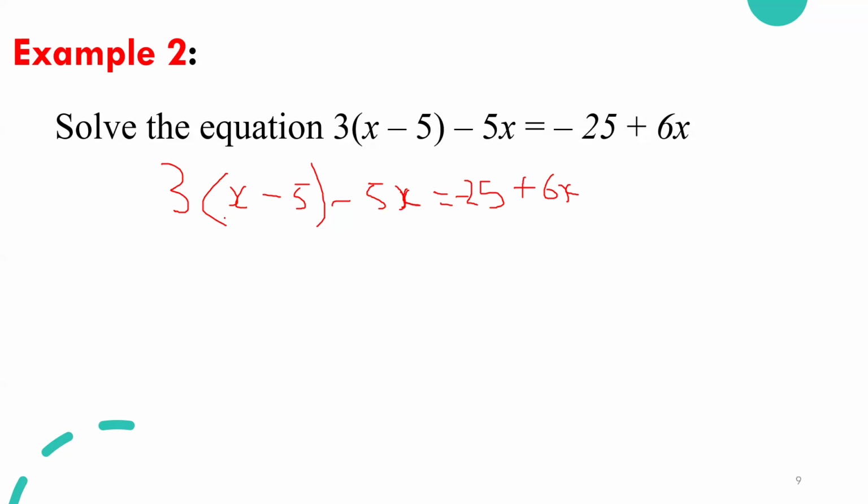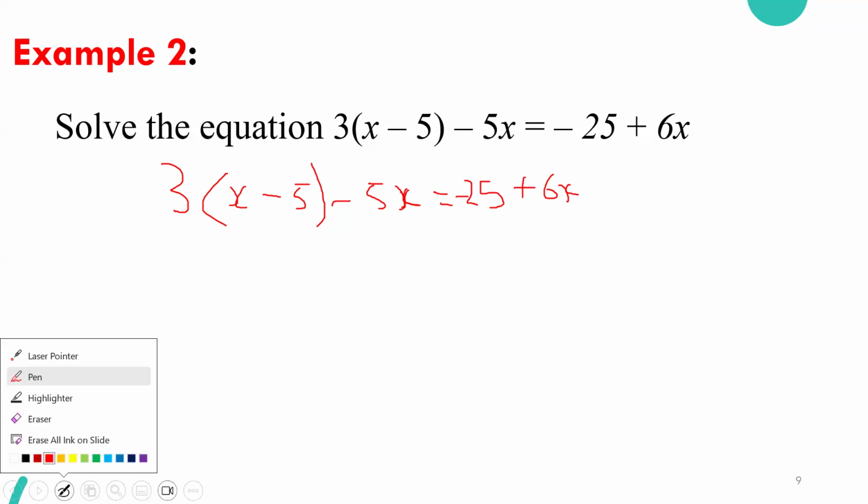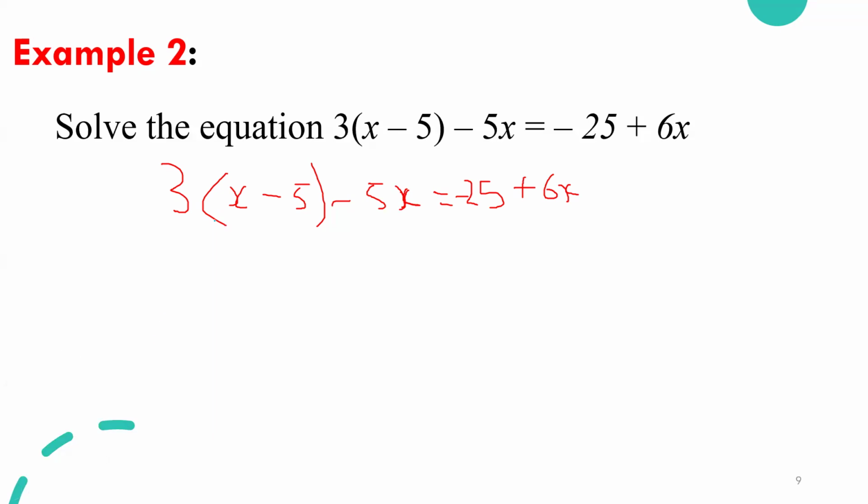So to get rid of the parentheses, we will have to use the distributive property, meaning that we are going to multiply the factor outside with each term inside. So we're going to multiply 3 times x and also 3 times 5. So 3 times x is positive 3x, and positive 3 times minus 5 is minus 15.